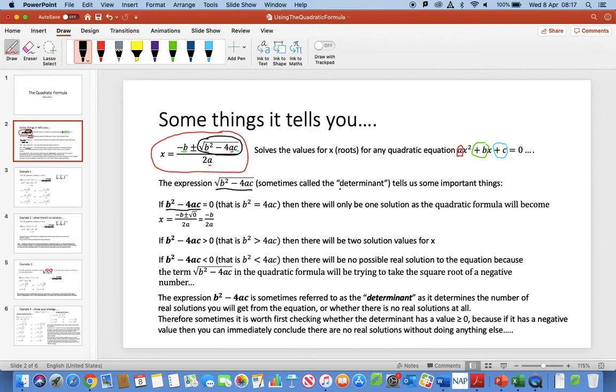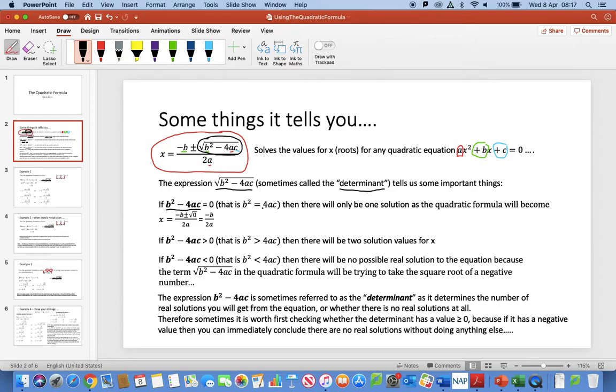And some people actually refer to that particular expression, b squared minus 4ac, as the determinant, okay? Because that predicts to us what type of solution we'll get from a quadratic equation. It doesn't solve it for us, but it will certainly give us some guidance as to the type of solution we're going to get.